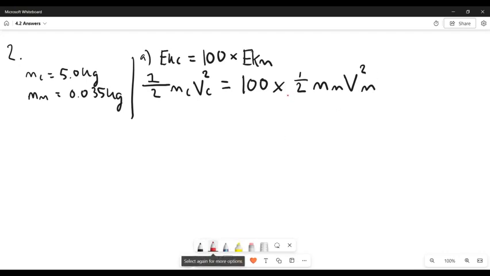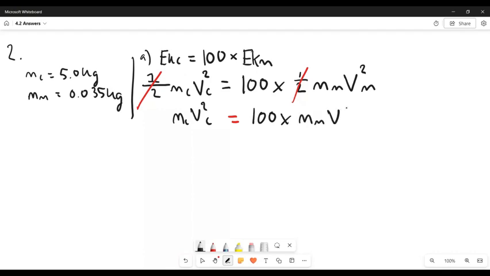What we could do now is cross out these from the equation. And so what we're left with is the mass of the cat times the velocity of the cat squared is equal to 100 times the mass of the mouse times the velocity of the mouse squared.